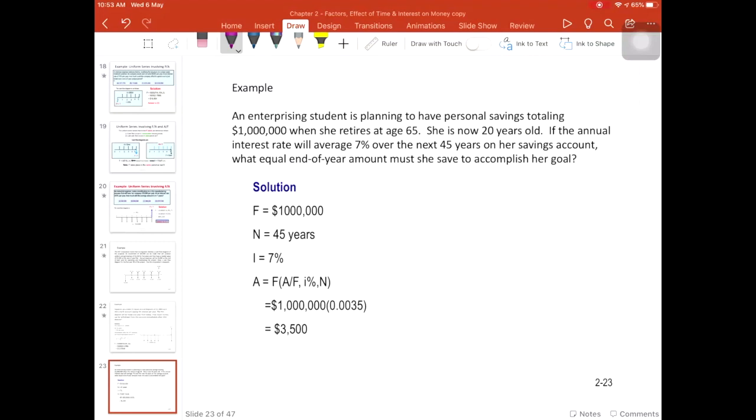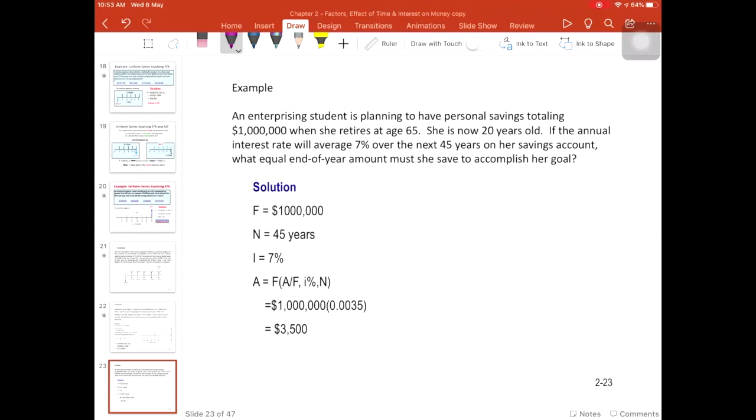So that means at the end of the 45 years, the age of that person is 65, correct? Yes, they're saving within 45 years. So the aim is to get 1,000,000 ringgit.